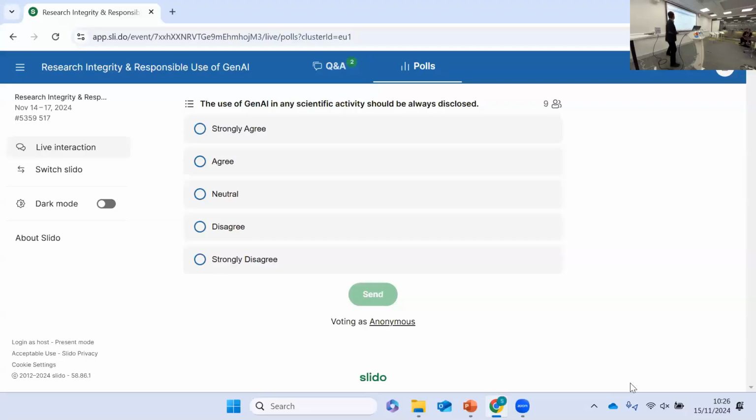Okay, sorry. So here's the statement: the use of GenAI in any scientific activity should be always disclosed. Do you agree? Okay, I will be neutral.